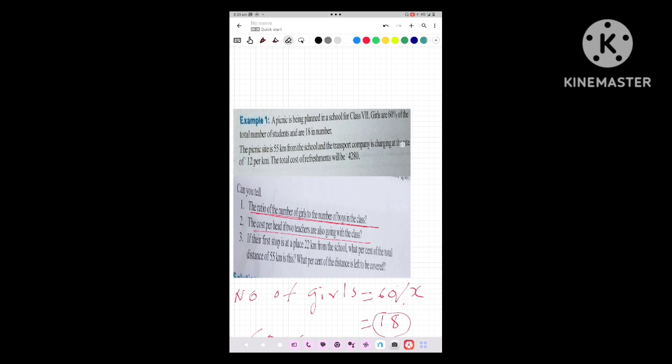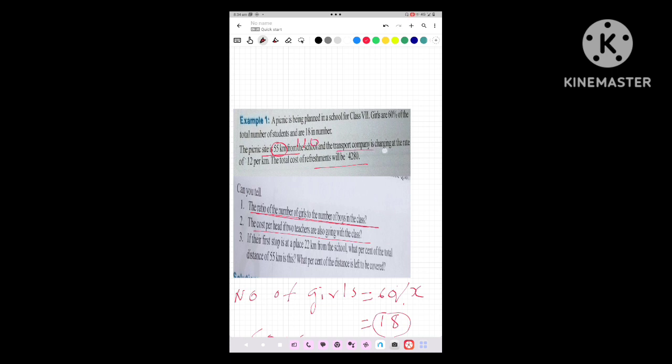In order to find out the cost per head, we should get the refreshment cost plus the total transport cost. It is 55 km from the school, but it is up and down. They have to go from the school as well as reach the school back. So the up and down distance is 55 plus 55, 110 km.